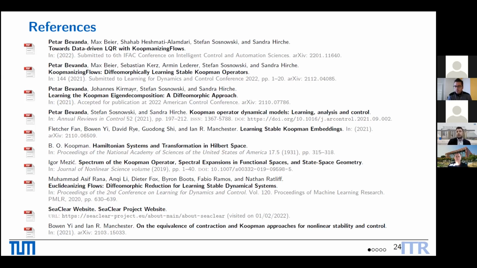And one quite important thing is, it might work well in practice, but we've shown in our previous work, here you can probably see it, this learning Koopman eigendecomposition that's been accepted to ACC 2022. We actually compare ourselves to that method, and the results are wildly different.